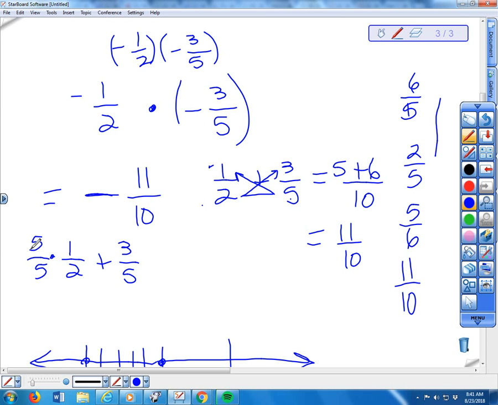To get 10 here, I've got to multiply by 2. I have to do that on top. So now I just multiply across here, I get 5/10. And I multiply here, I get 6/10, which is still 11/10. And then I have to make it negative because both of those numbers were negative. So it just got further negative.